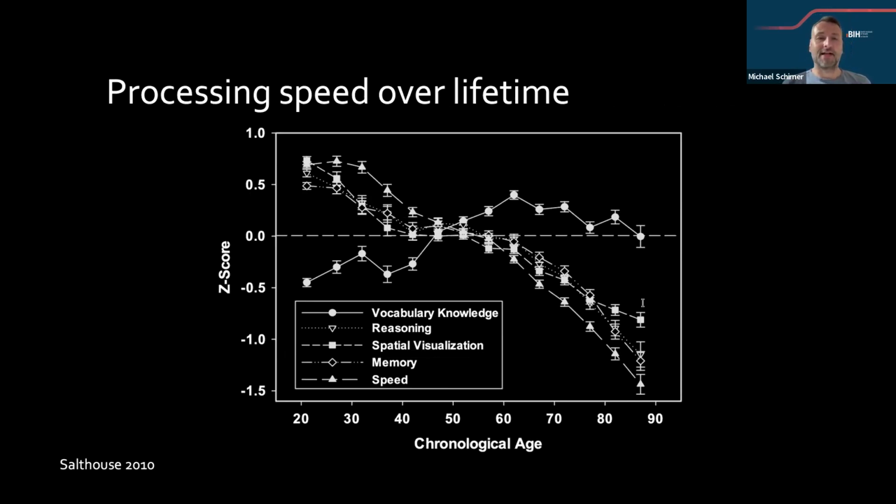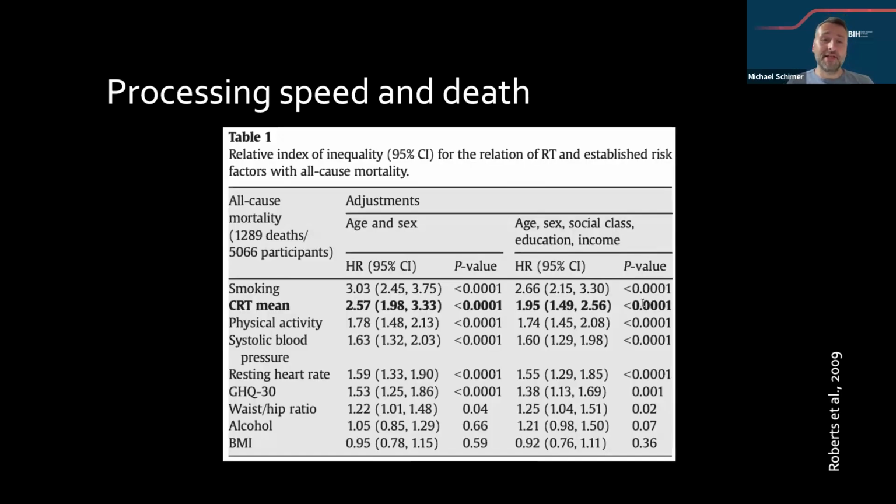But here we can see how all others decrease together, and speed is closely linked and correlating not only with intelligence, but processing speed is, in a famous study, closely associated with death and disease.